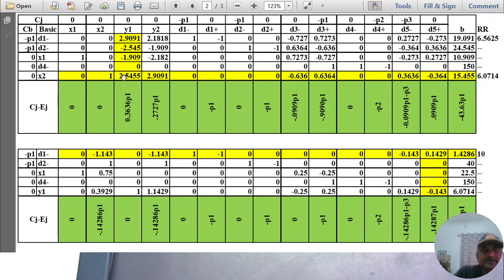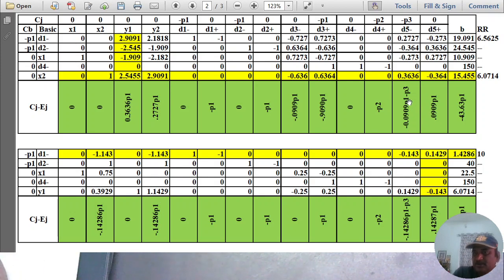After doing that, we once again find Cj minus Zj, and here I find P1 has the coefficient 0.3636 for variable y1, it is 0.2727 for variable y2, and here it is negative for d2 plus. Here also negative coefficient for P1, negative for P1. Then you don't have to look for the coefficient of another priority like P2 or P3.